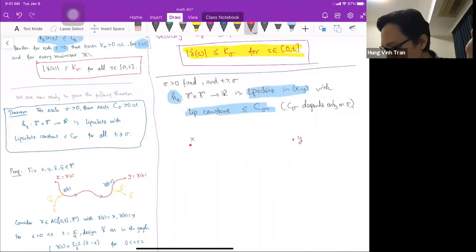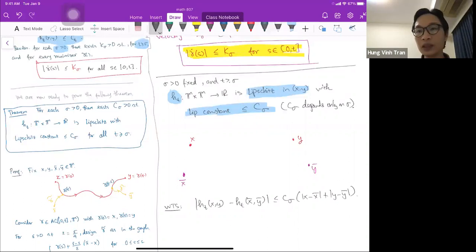And then you have, this is x bar, this is y bar, right? And we want to show that ht of x, y minus ht of x bar, y bar is less than or equal to c sigma times the quantity, absolute value of x minus x bar plus absolute value of y minus y bar.